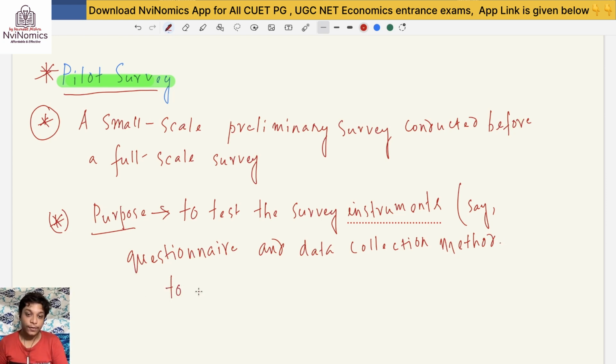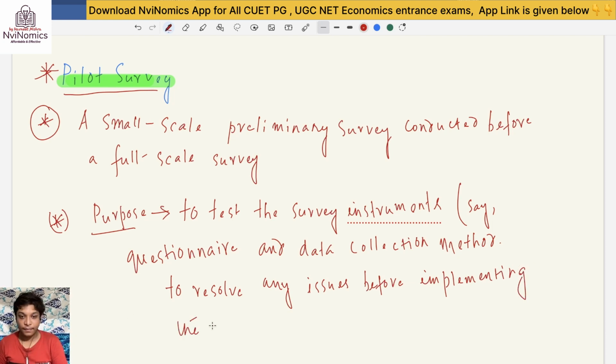So as to resolve any issues before implementing the main survey.